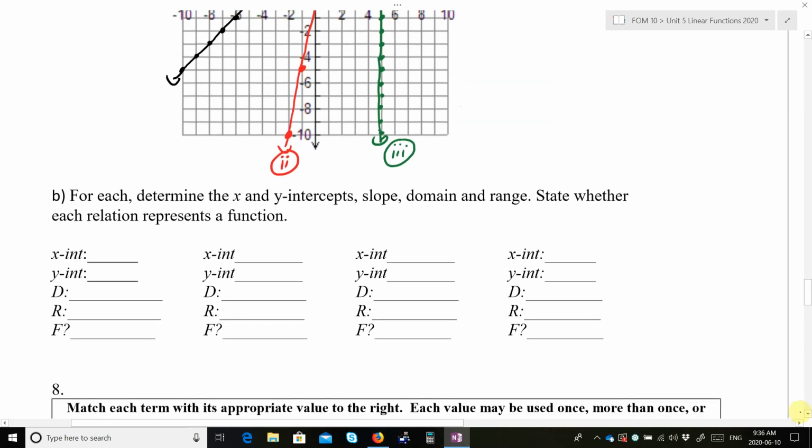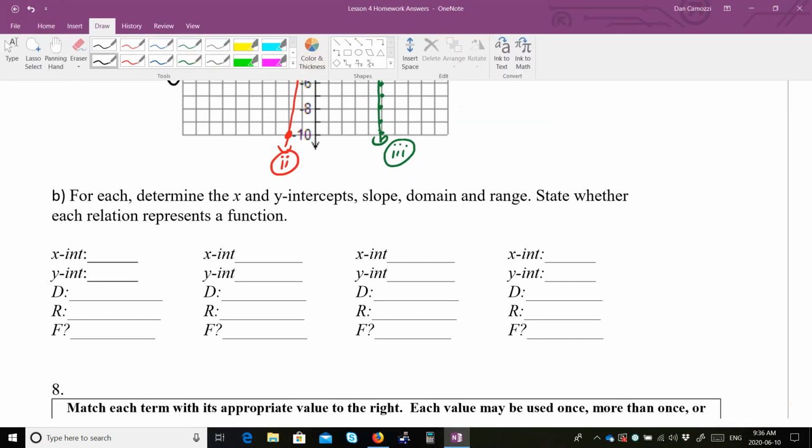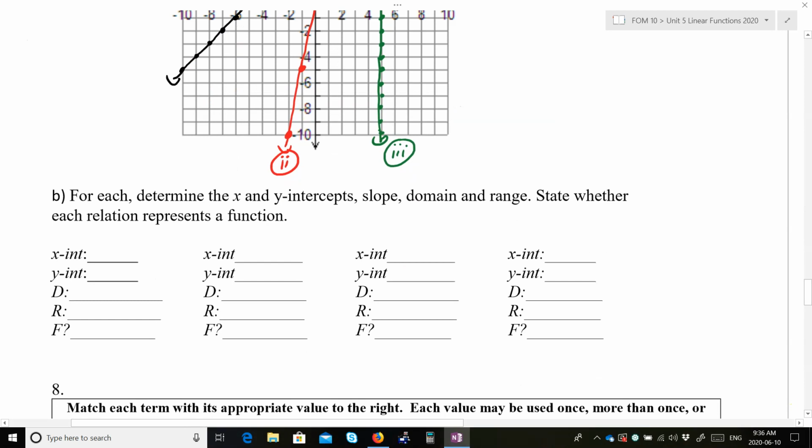And then it says, for each, determine the x and y intercepts, slope, domain, and range. State whether each relation represents a function. Okay, so for y equals 5, x-intercepts, there are none.